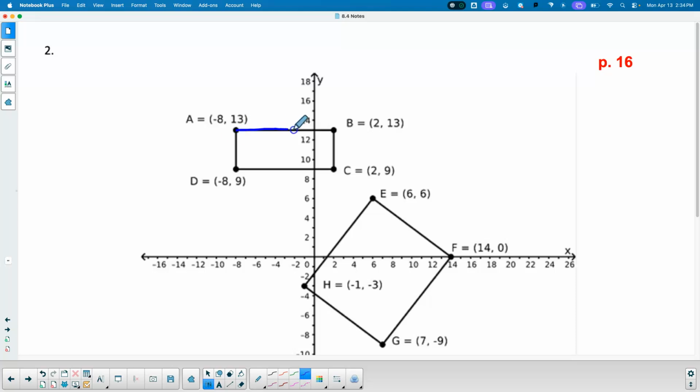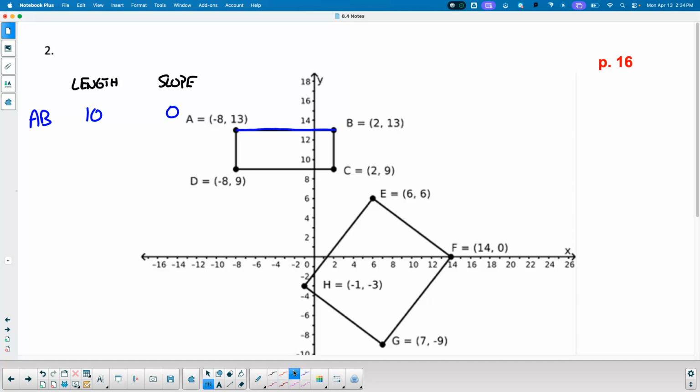How long is side AB? 10? What is the slope of side AB? 0. So it's got a length of 10 and a slope of 0.